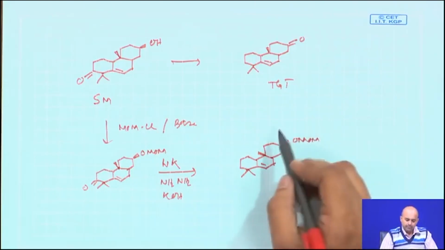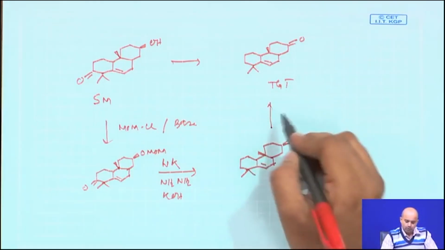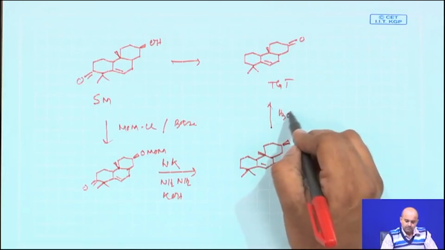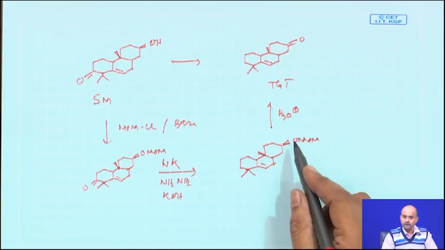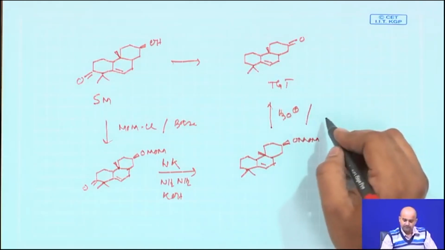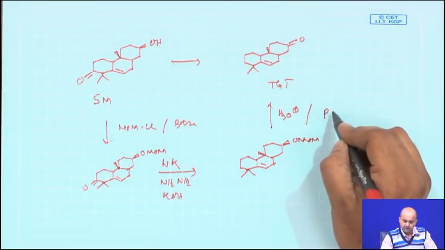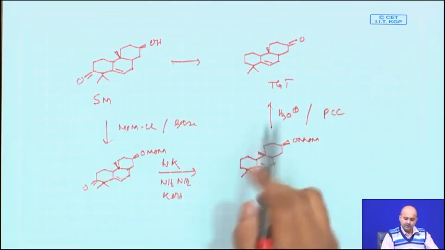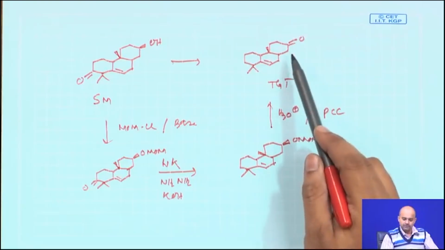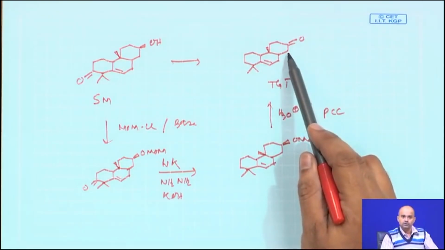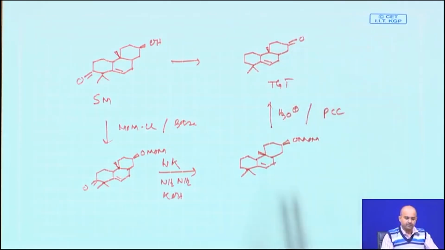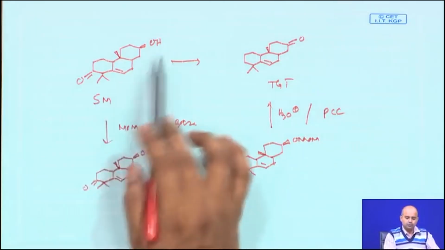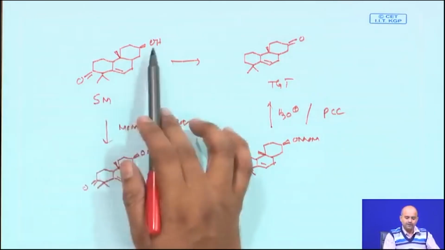Now, you need to remove this MOM group, which can be clipped by a simple acidic workup, and then you oxidize it with a suitable oxidizing agent like pyridinium chlorochromate, and you will end up with this particular target molecule which was desired.